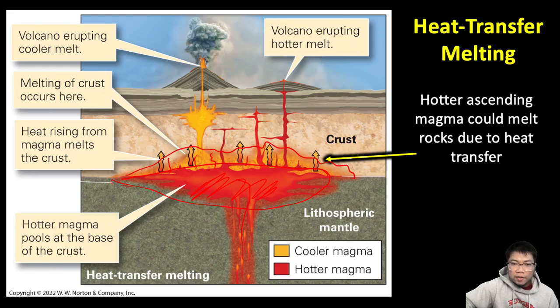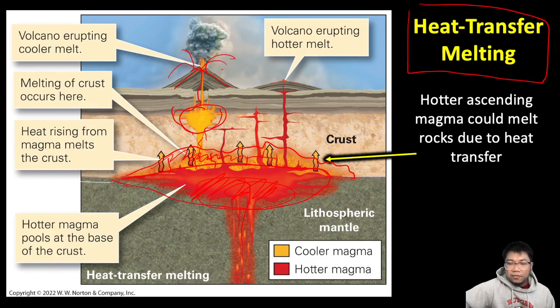So very simple. Hot stuff will melt the colder stuff, right? When these crustal rocks start to melt, they generate some new magma, and it may create a new magma chamber, and that magma chamber will create some volcanic activity on the surface of the earth. So that is the first process, which is called heat transfer melting.